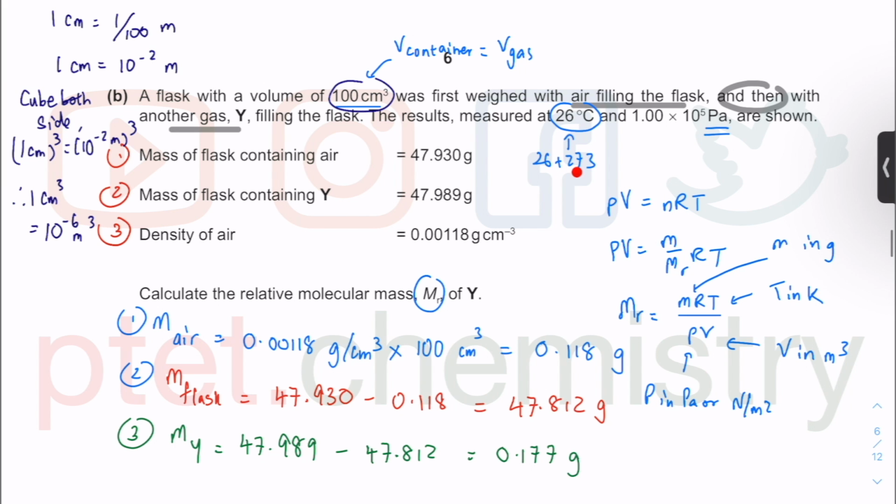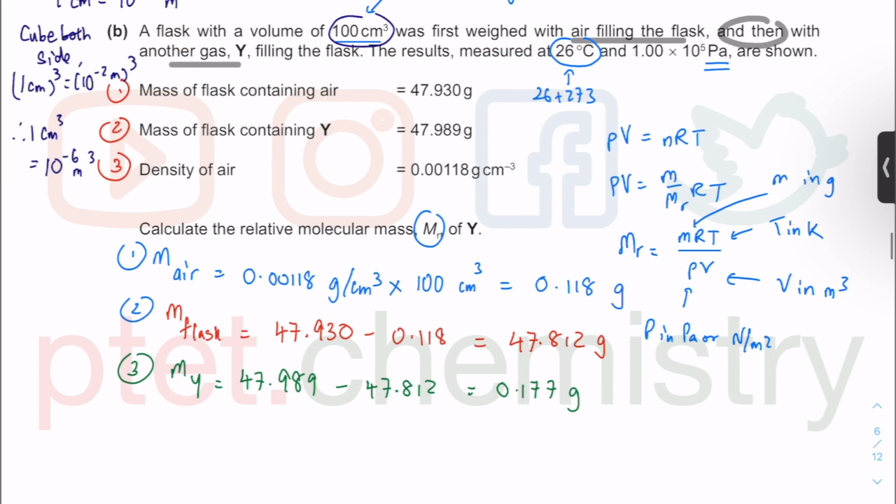This thing plus 273 will convert that to Kelvin. This is already in Pascal. So I'm all set to just plug into the formula. MR equal to the mass. Mass of what? The mass of the gas in gram, because all of this belongs to the gases. Since this is an ideal gas equation, everything in here, mass of the gas, temperature of the gas, volume of the gas, pressure of the gas.